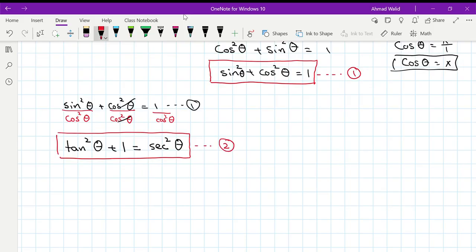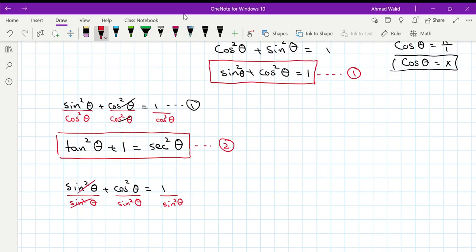correct? Same way, copy equation number 1, which is sine squared theta plus cosine squared theta equals 1. This time I will divide all terms by sine squared theta. Correct?